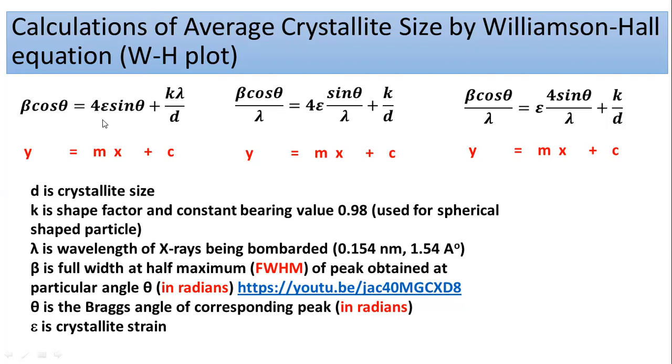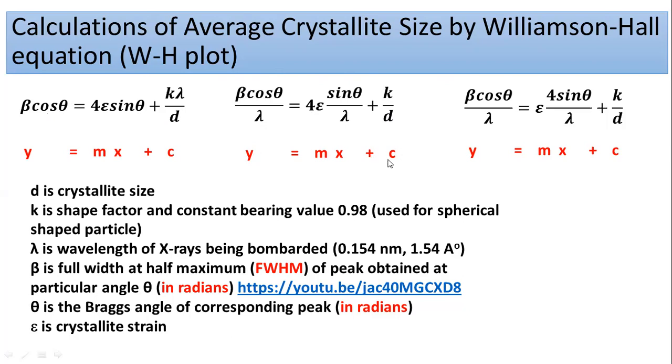This is another form of this equation. What is the difference over here? I am just going to divide this equation by the lambda. So this would be the beta cos theta over lambda, 4 epsilon sine theta over lambda, and lambda divided by lambda is cancelled out. And you may also plot the graph by using this equation.